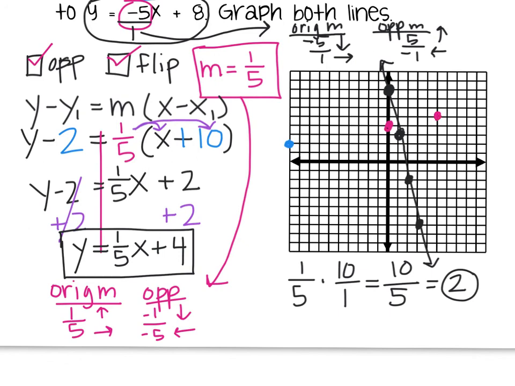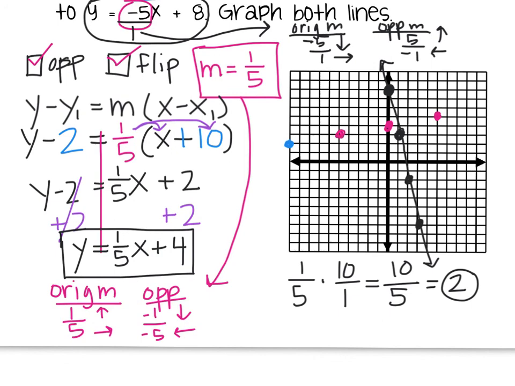It looks great, but it's not headed in the direction of my blue dot, and I really want to see if our line will intersect with the blue dot. So I'm going to move over and start using my opposite slope, which takes me down 1 and to the left 5. If I go down 1 and to the left 5 from my original starting point, I end up here.